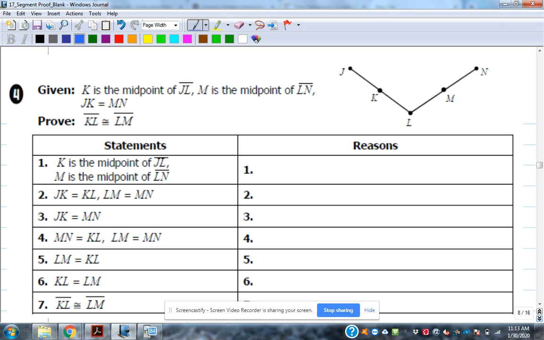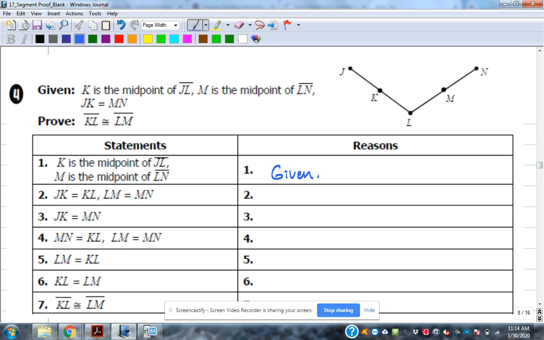So K is the midpoint of JL, and M is the midpoint of LN. That's only part of our given statement, but that's okay. It was still given to us, right? Yeah, it's given because it was just part of it. We're not using all of it yet. We may need this other part in just a minute.